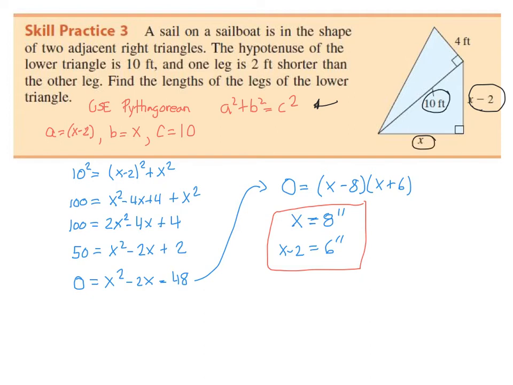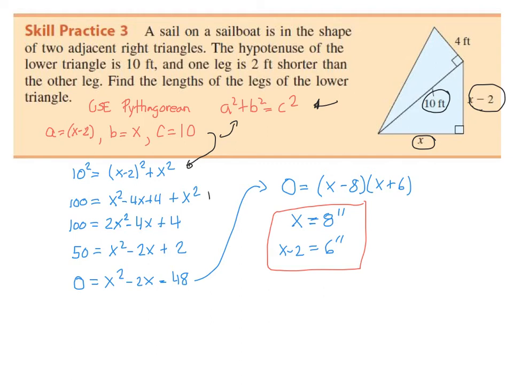So we plug that information into our Pythagorean theorem, and we get 10 squared is equal to x minus 2 squared plus x squared. We FOIL out the x minus 2 squared, and of course we square the 10. So we get 100 is equal to x squared minus 4x plus 4 plus x squared.